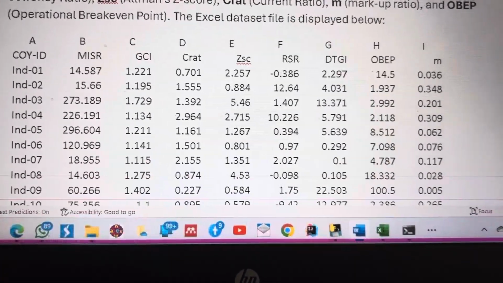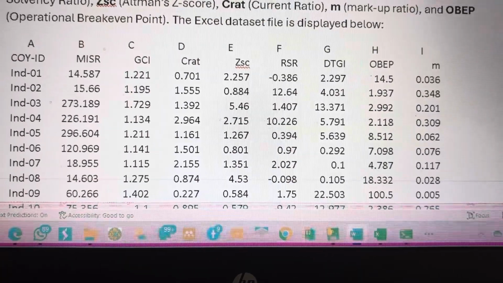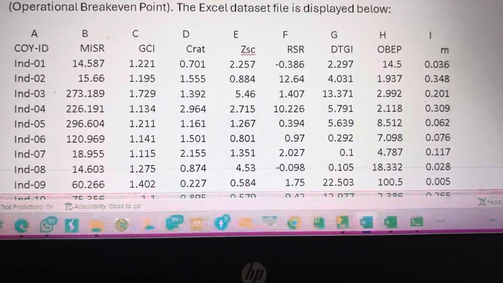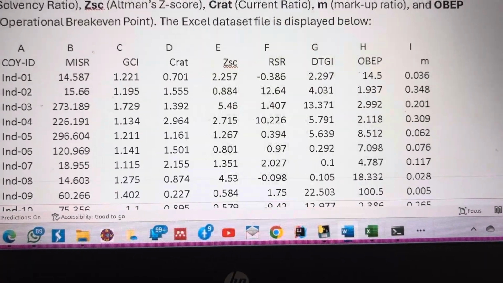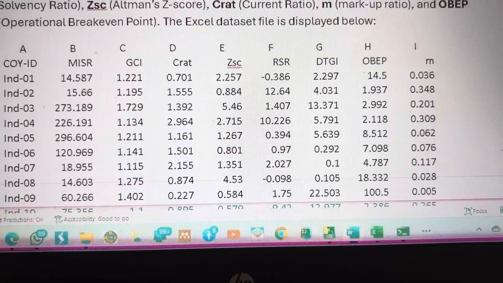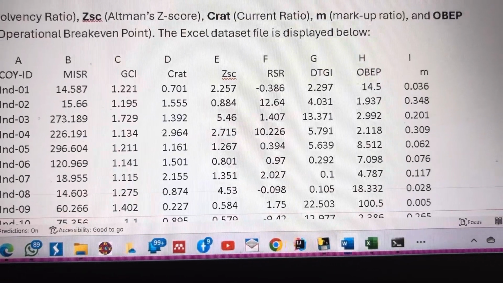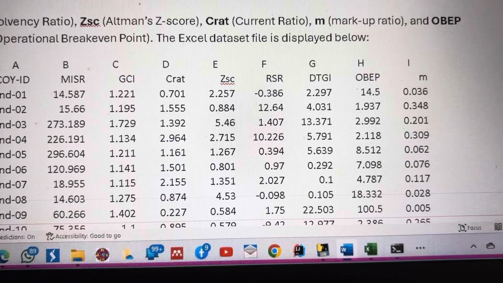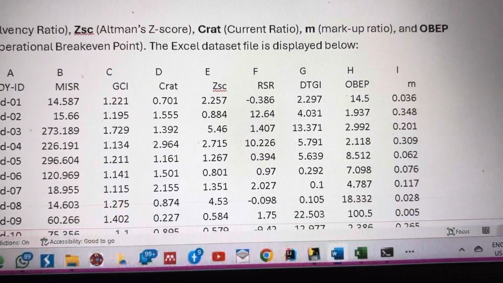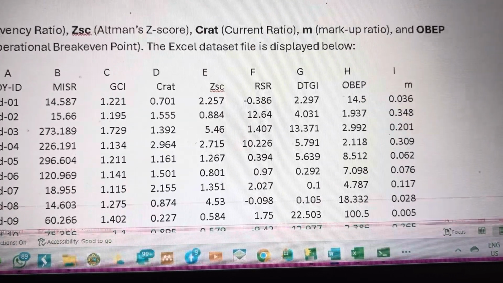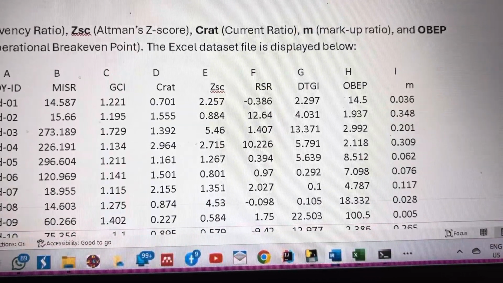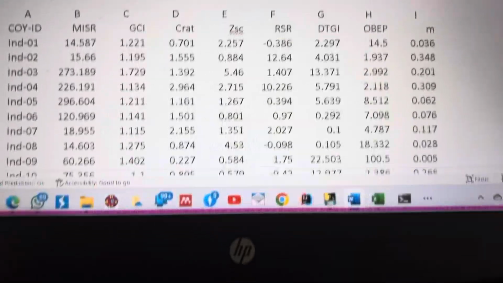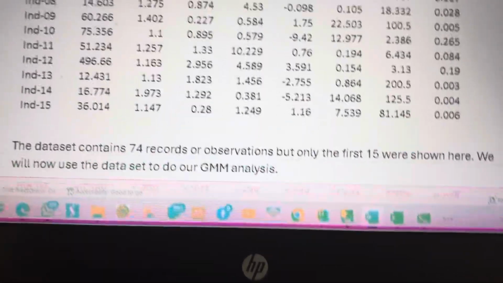And then column B is for the MISR, that is the dependent variable now. And then column C is for GCI, D is for CRAT, E is for Z-score, and F is for RSR, while G is for DTGI, and then H is for OBEP, and I is for M. Now let us see.